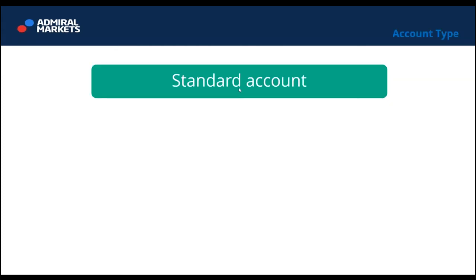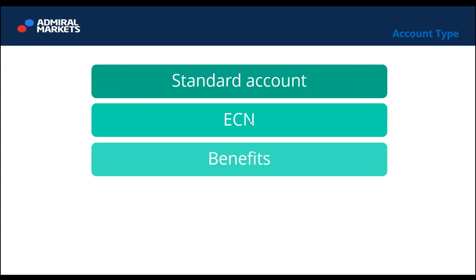Also, there are standard account types. You need to differentiate between standard account type, ECN type, and various benefits. ECN accounts usually have very, very low spreads. You also need to understand that spreads can influence bid and offer with your limit orders.